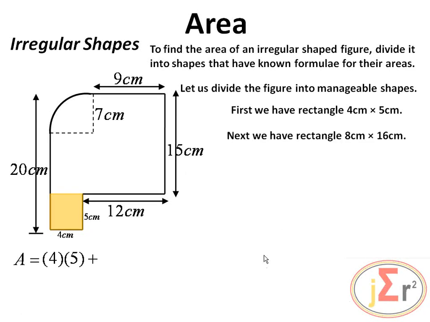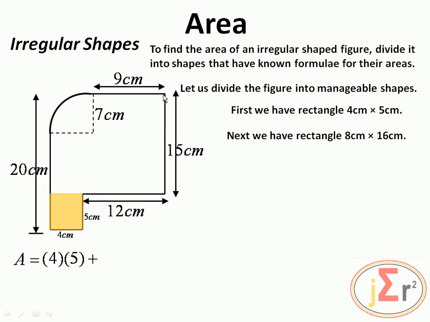Then we have another rectangle, 8 by 16. Of course, we know that this is 9 centimeters. Here we have the radius, which is 7, so this has to be 7 if this is the radius. So we have 7 and we have 9 here. So all the distance here is equal to 16 centimeters.